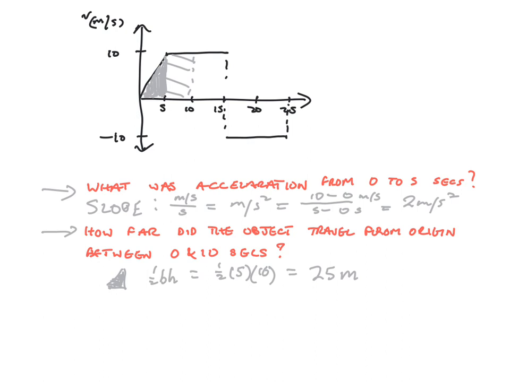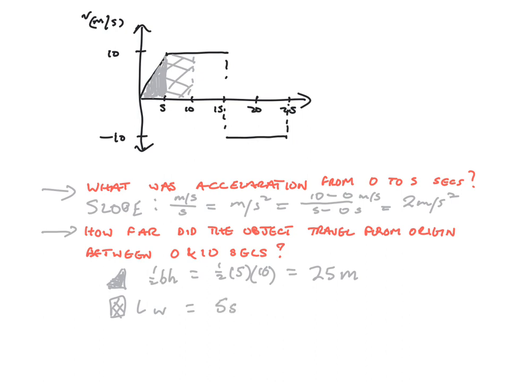And the second part here, which is shown with the cross lines, we have length times width. So when you have length times width, remember you just multiply these two together, so it would be 5 seconds. I'm going to put in the units this time so you see that we end up with meters as our unit.